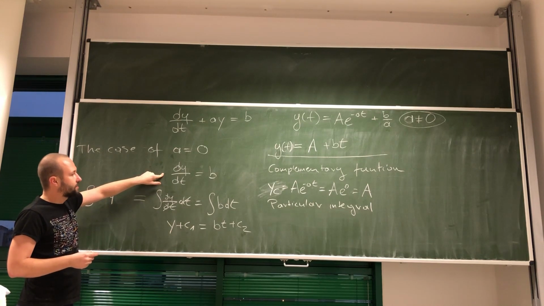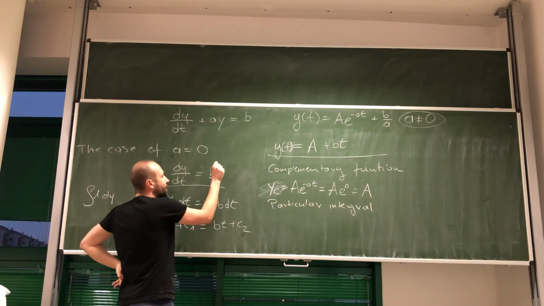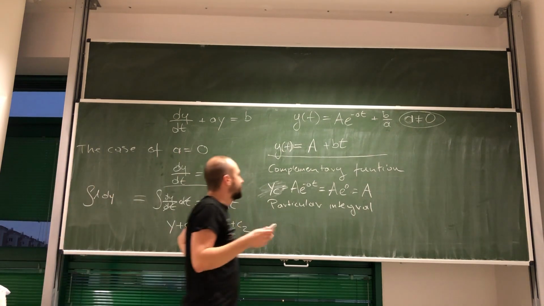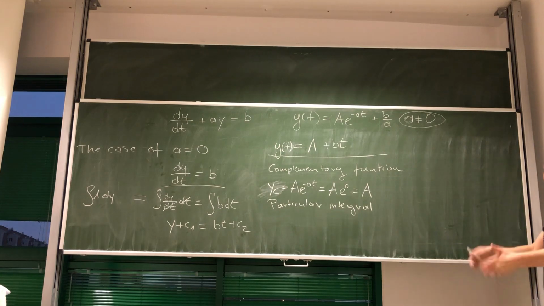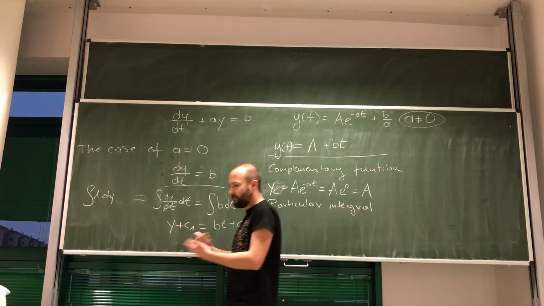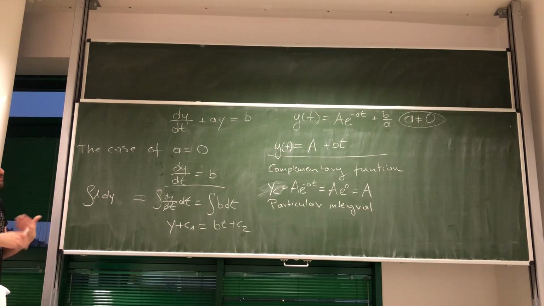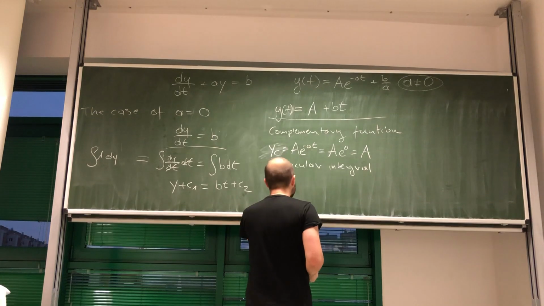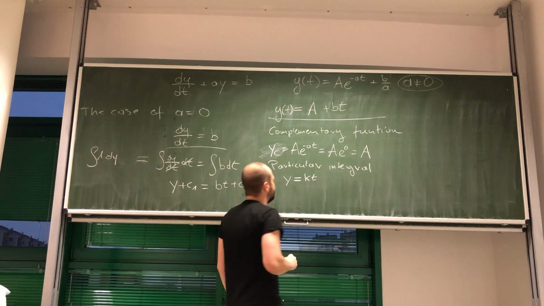Why? Because a constant is not going to give you a derivative equal to another constant, right? So we should try a different expression as our trial solution. In this case, our trial solution is going to be k times t, a linear function, the second most simple one.